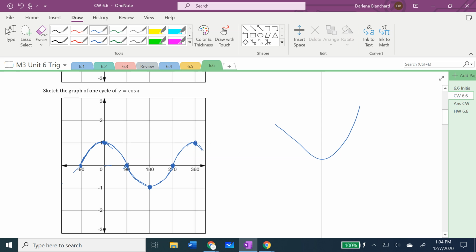And then it just continues. So I don't want this piece to look like this. It needs to be curved relatively decent.